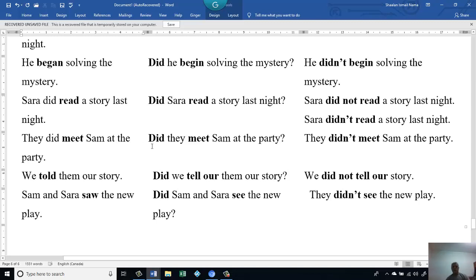And then now it's easy to make this one a short answer question, as we said. Take this auxiliary, put it in front of the subject, then put a question mark at the end of the sentence. Then we say, did they meet Sam at the party? They didn't meet Sam at the party.